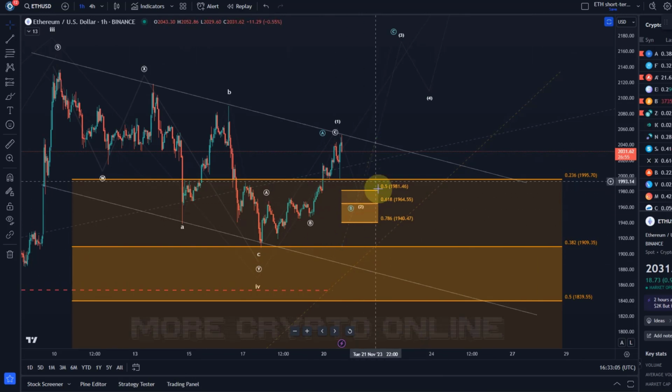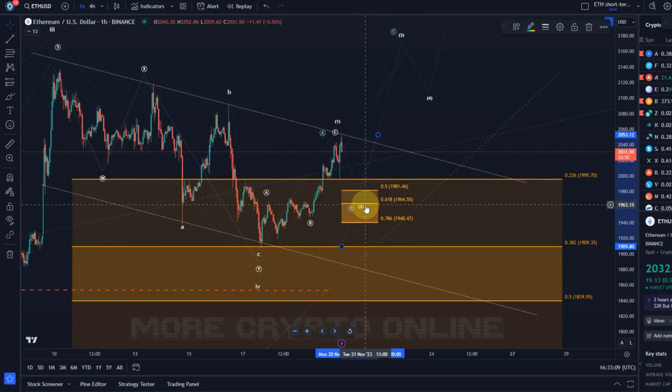I just want to emphasize that 1940 is now the key support for this wave 2 or B wave, and then another third wave or C wave could unfold as long as that level is holding. Ideally it doesn't even break below 1981, but if it has to go deep into support, then 1940 will be key.